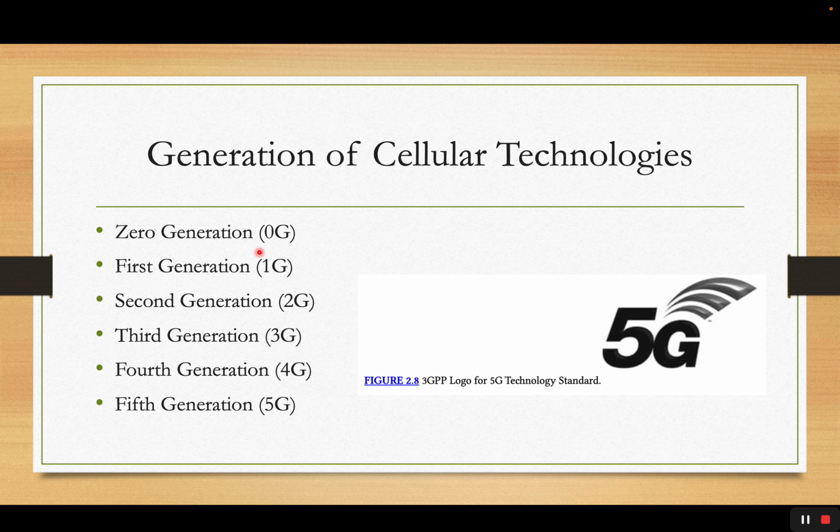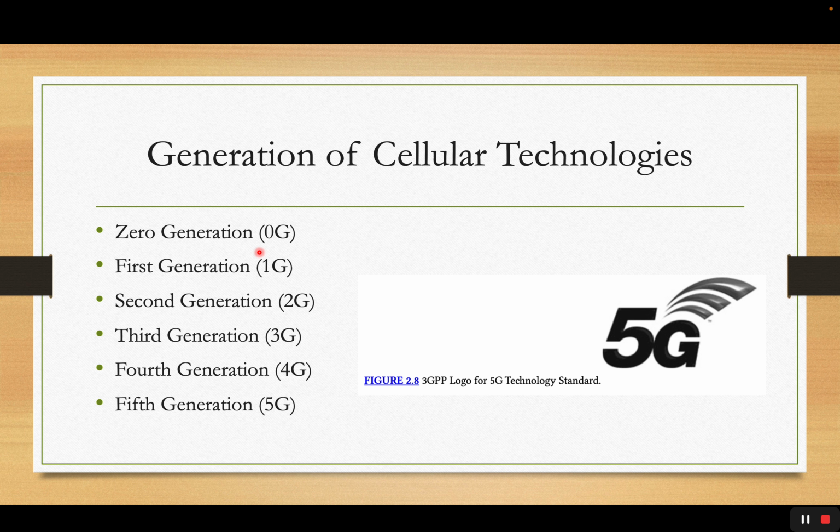Now, the first wireless phone patent was in Kentucky in 1908. The first commercial wireless phone was launched back in 1940 by AT&T, and Motorola manufactured the first handheld mobile phone in 1973.